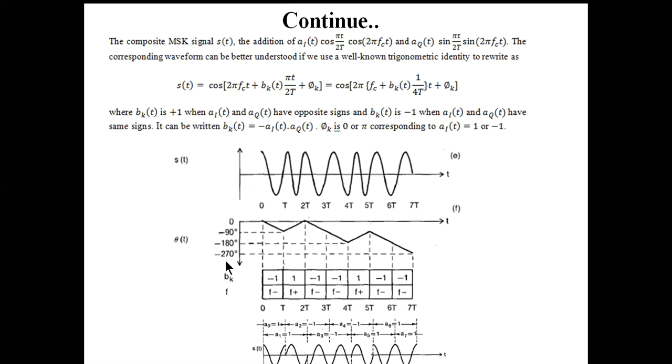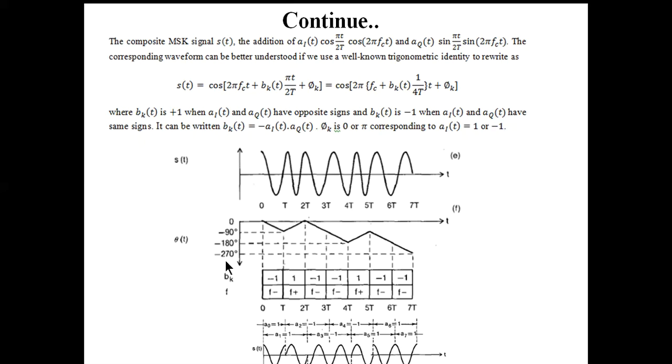And if we take 2πt common, it will become cos 2π into (fc plus bk(t)/4T) into t plus phi k.